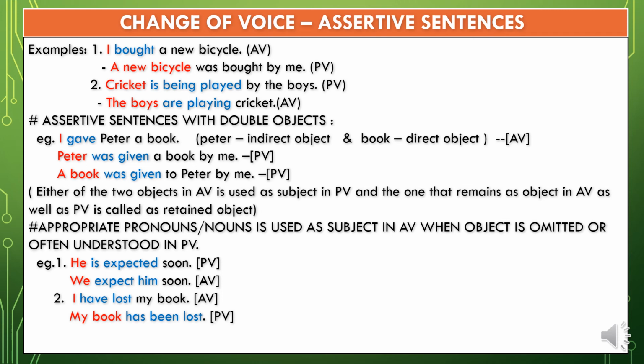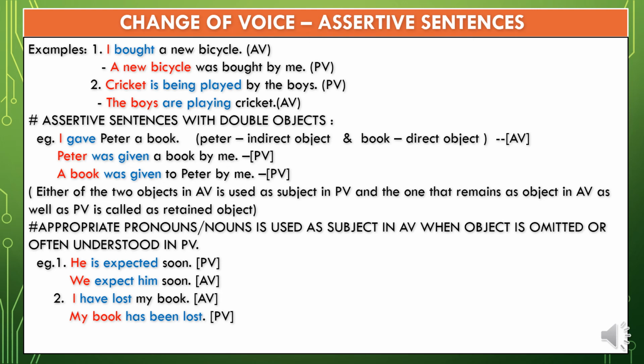For example, I gave Peter a book. In this sentence, I is the subject, gave is the verb, Peter is the indirect object, and book is the direct object.